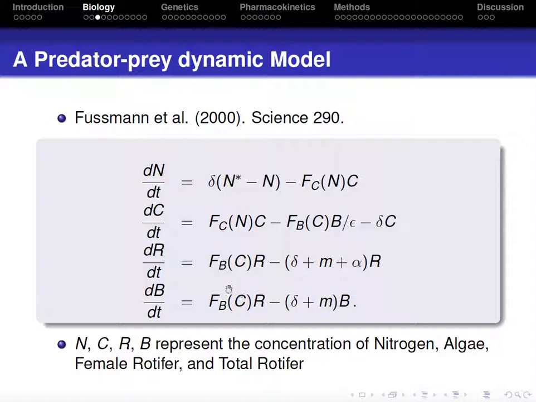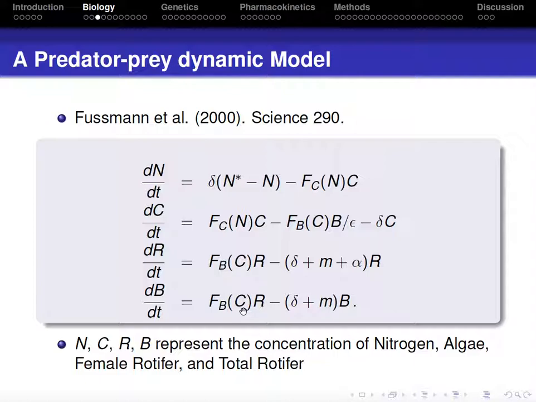The F(C) in front of R represents the reproducing rate of the rotifer, right? You can see this reproducing rate depends on C. The reason is that with more algae there, it's easier for the rotifer to get food, and then it has a higher reproducing rate.